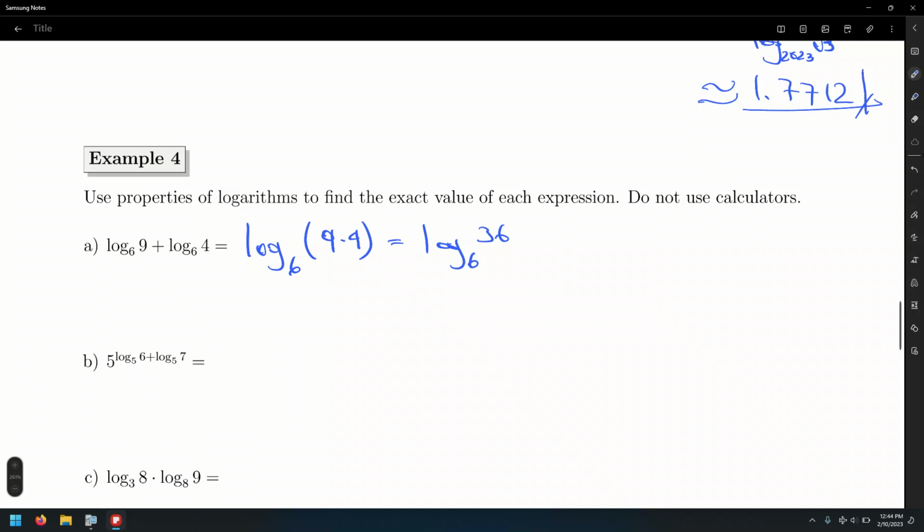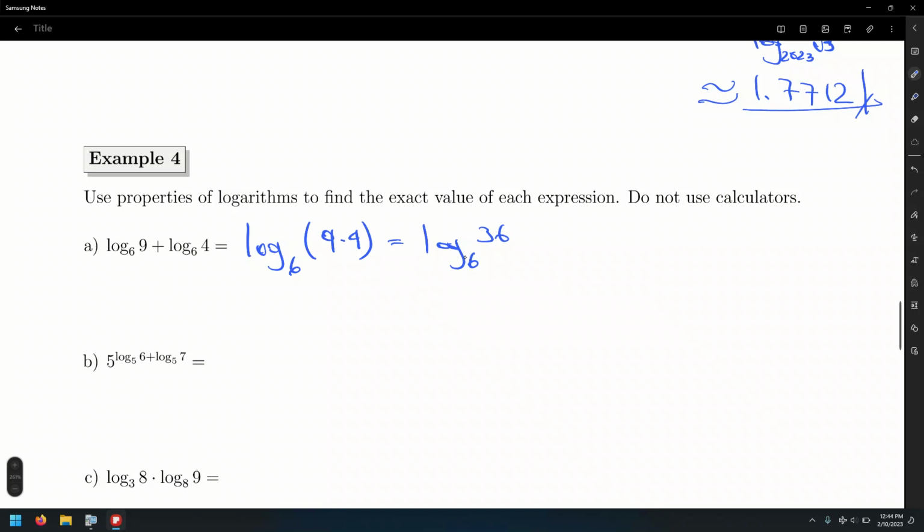At the beginning of the logarithms chapter, we went back and forth between exponential and logarithm. So essentially, the result will be the exponent or the power we need to raise the base to so that we get the argument. In other words, what power of 6 equals 36? That's how we did it back when we did the exponential form. But again, like I mentioned a couple of lectures ago, we don't need to keep going back and forth between exponential and logarithm. So we will use properties.